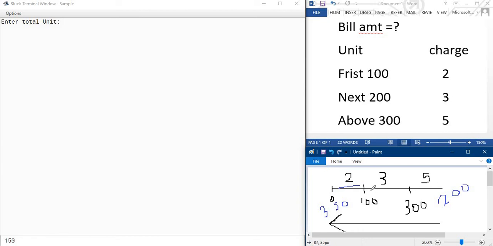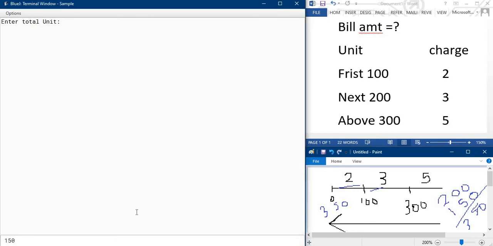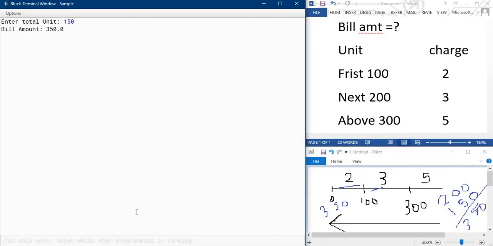And extra 50 at rupees 3, so 3 into 50 is 150. So total is equal to 350. Let's see, after pressing enter, what I get. 350 amount.